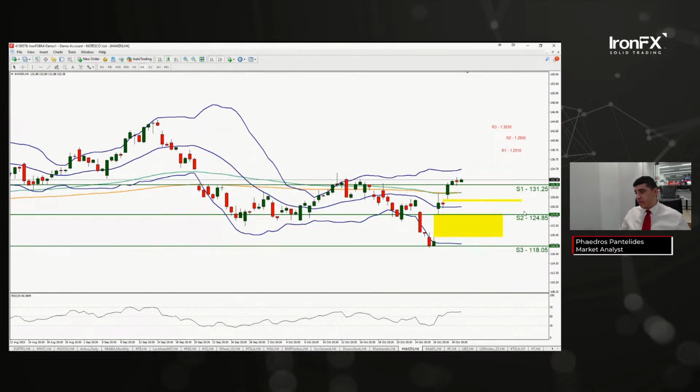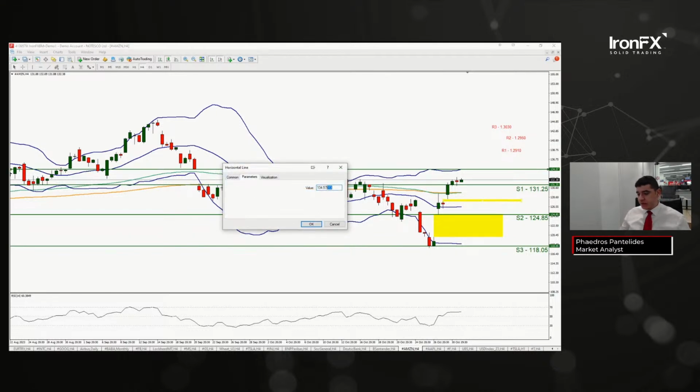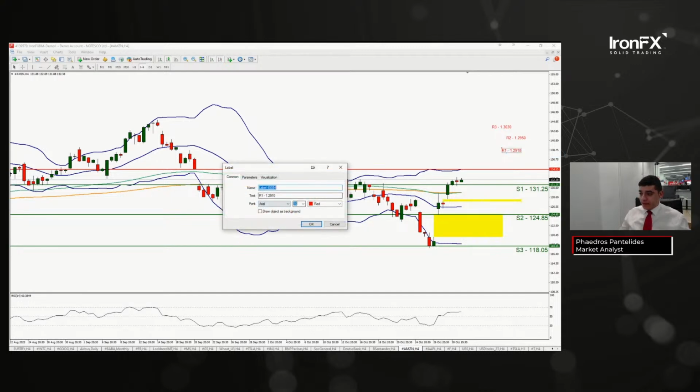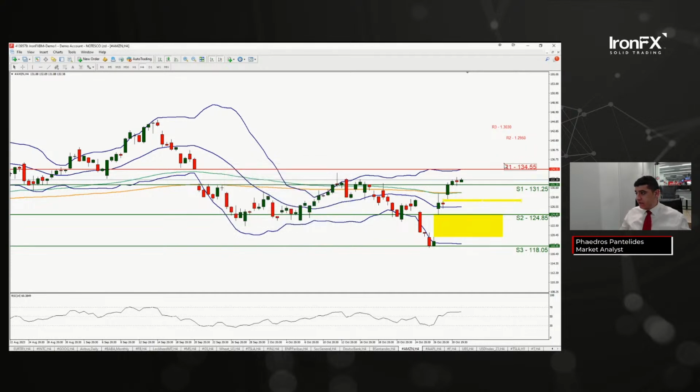So 118.05. Now looking for resistance at R1 on 134.55. And 134.55 for R1 and then for R2.